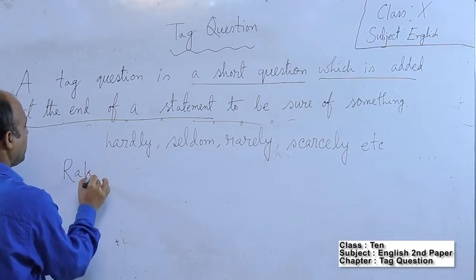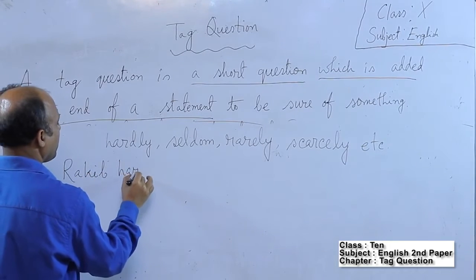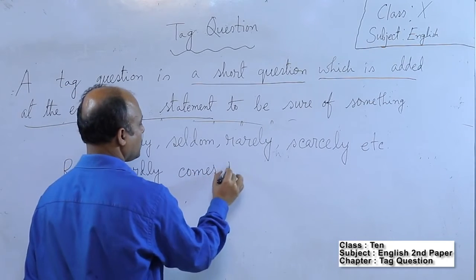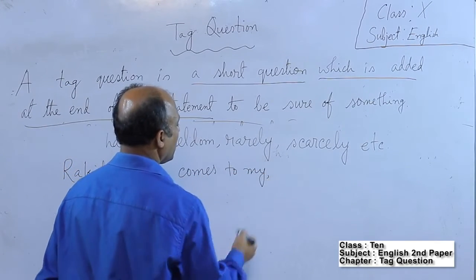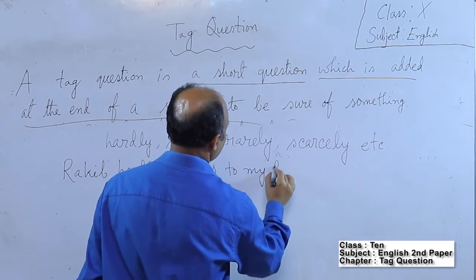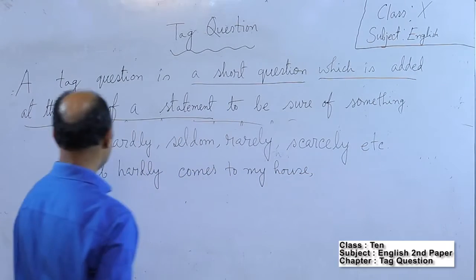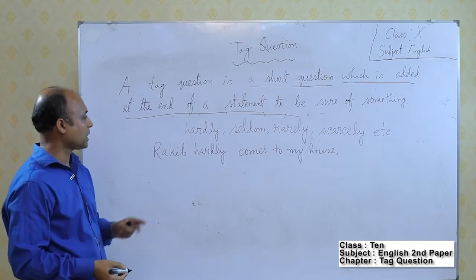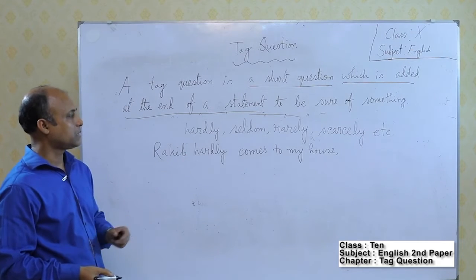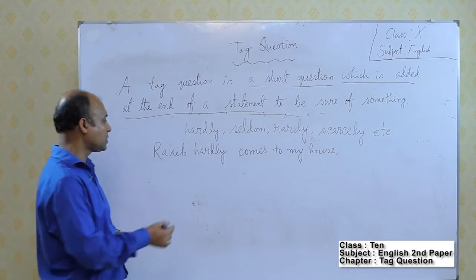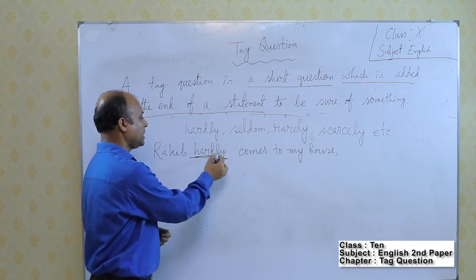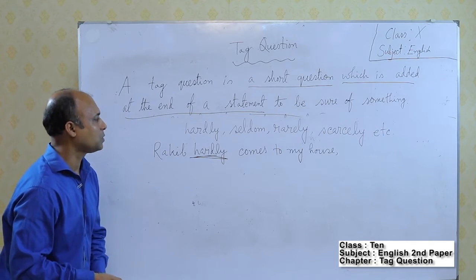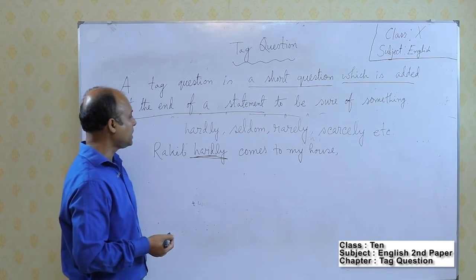Rakib hardly comes to my house. What do you think? This is positive statement or negative? Rakib hardly comes to my house. This is certainly negative sentence, because here we see hardly, the negative adverb. So Rakib hardly comes to my house. What will be the tag here? Does he?